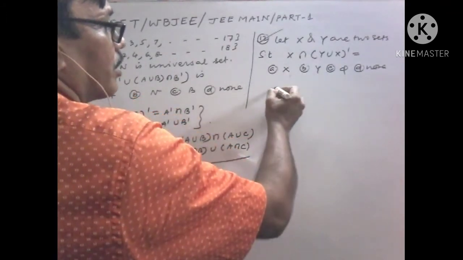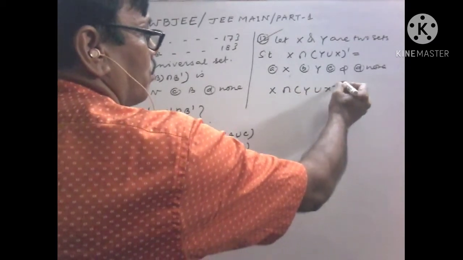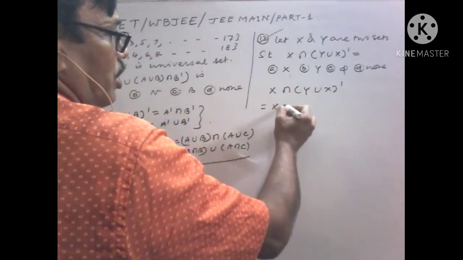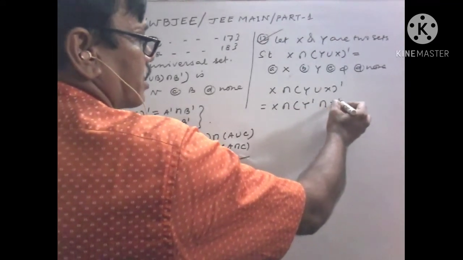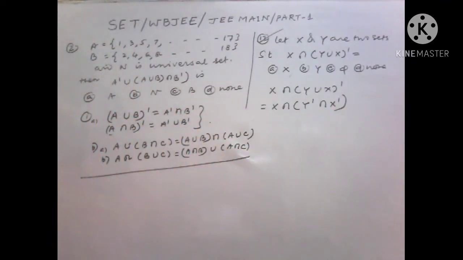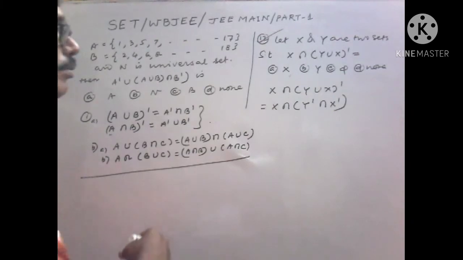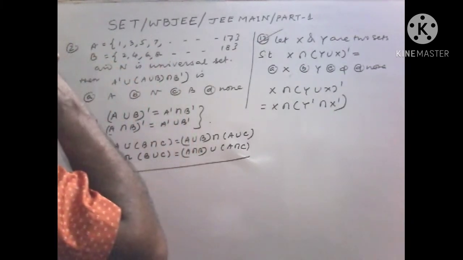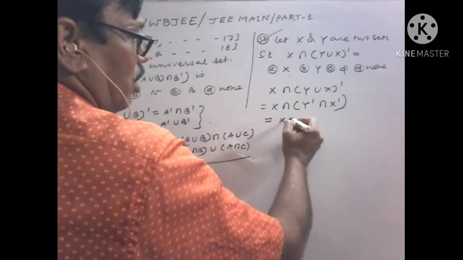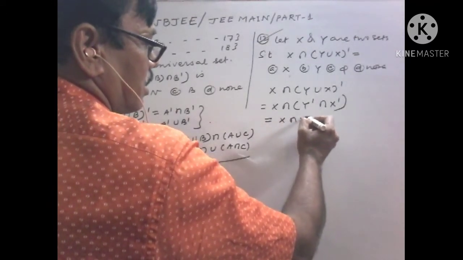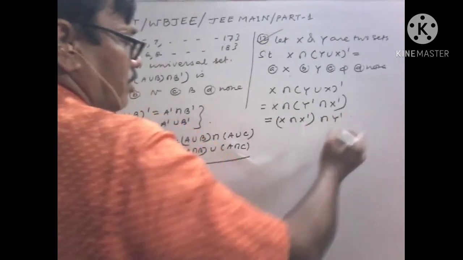X intersection (Y union X complement). If we use De Morgan's law, this is Y complement intersection X complement. Now, by the commutative law: X intersection X dashed intersection Y dashed.